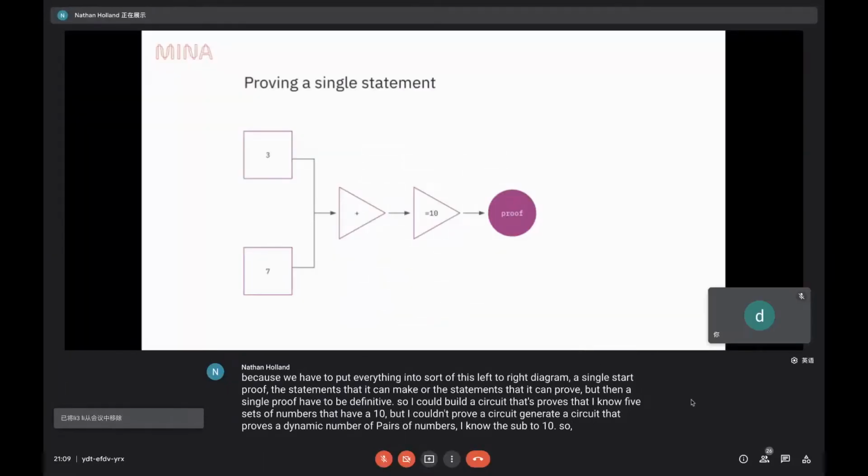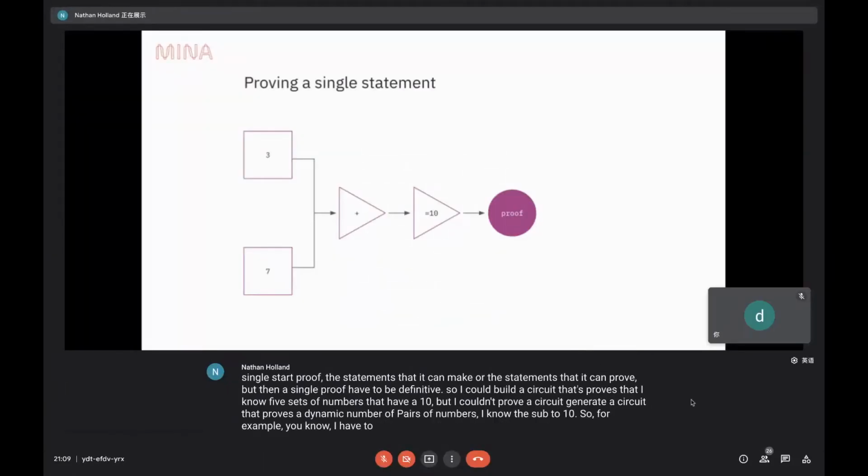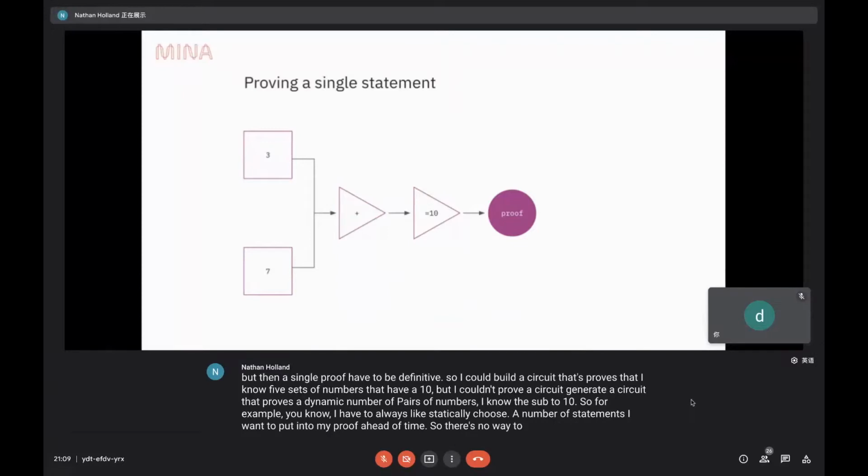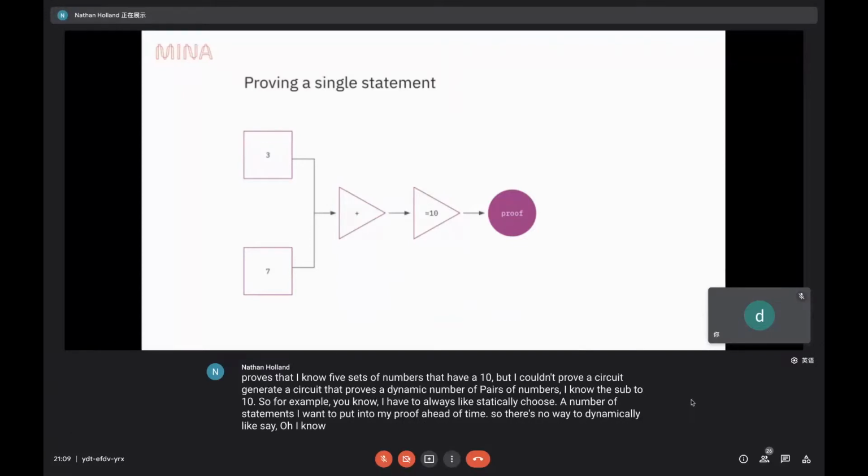I always have to statically choose a number of statements I want to put into my proof ahead of time. So there's no way to dynamically say, oh, I know 7 or I know 9 different statements that meet the same constraint system within one proof.